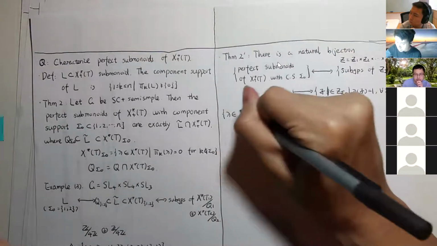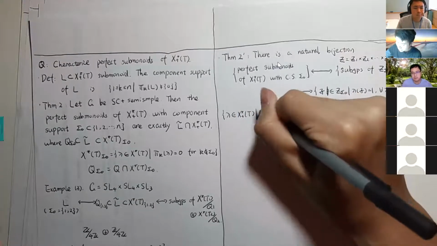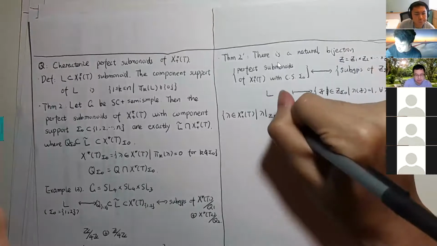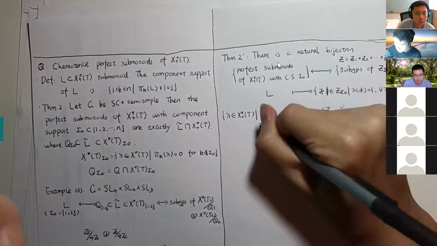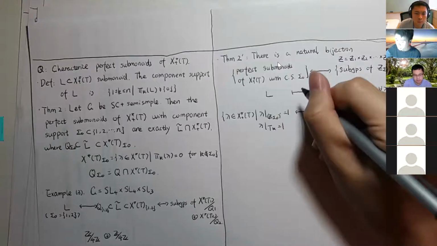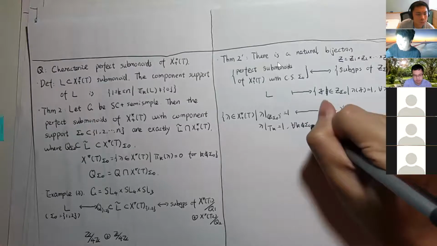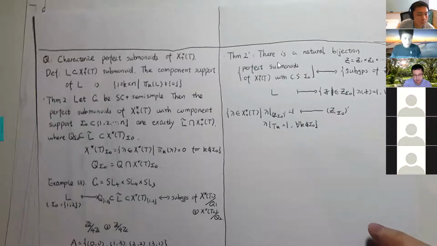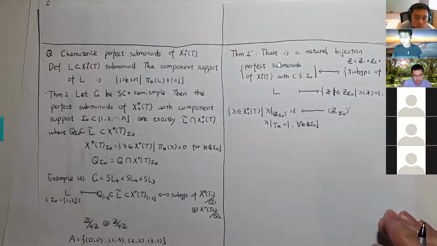That is all the dominant weights lambda such that, first, lambda is trivial on this subgroup, and moreover, lambda is trivial on those maximal tori tk, for any k not in this component support sigma 0.